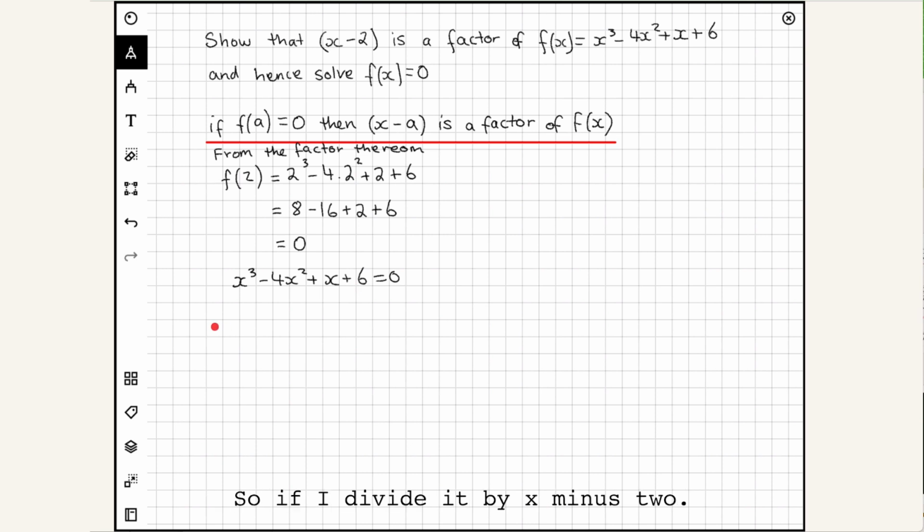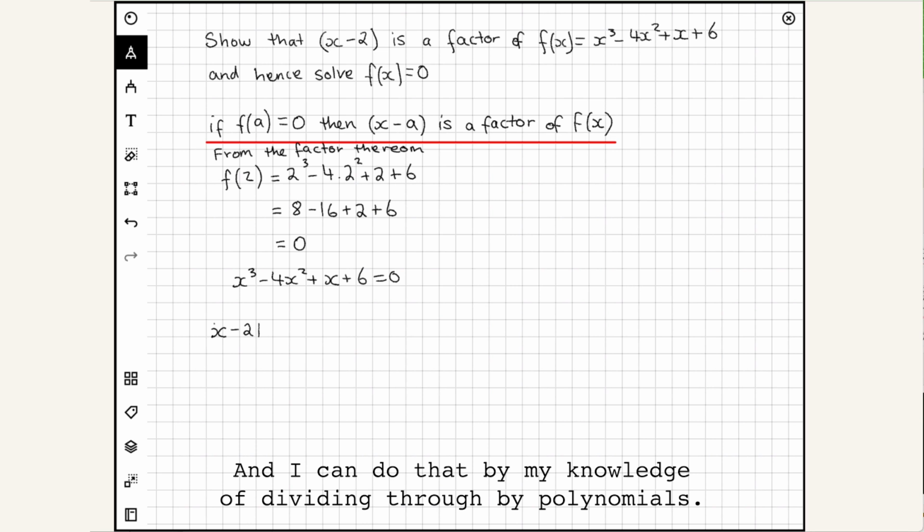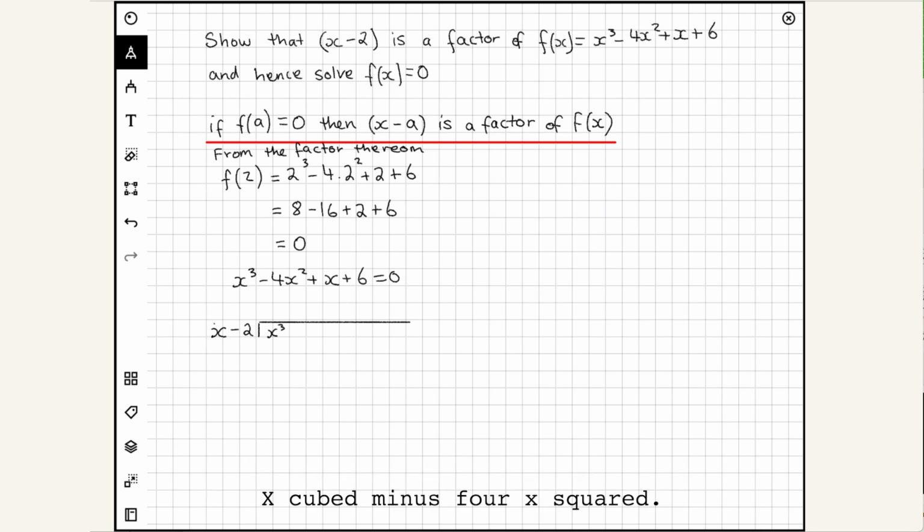So if I divide it by x minus 2, I can do that by my knowledge of dividing polynomials. x cubed minus 4x squared plus x plus 6. x into x cubed goes x squared. x times x squared is x cubed, minus 2 times x squared is minus 2x squared.